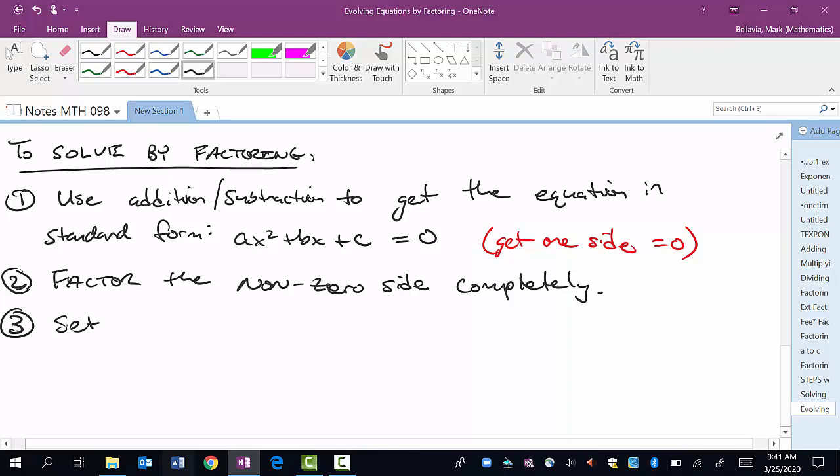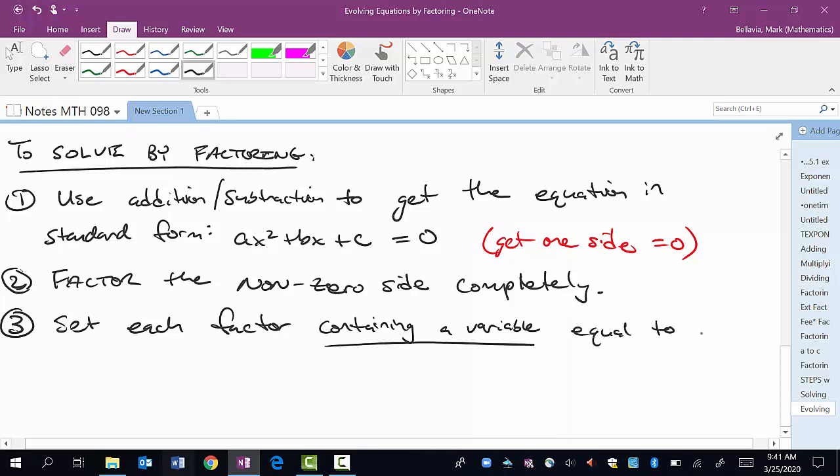So we'll say set each factor, and this is kind of important, containing a variable, equal to 0. In other words, we're using the zero factor property, setting all the things that are being multiplied together equal to 0. But remember, it has to be a factor containing a variable, because if it's a constant, let's say it was 5, you don't set 5 equal to 0, because 5 could never be 0.